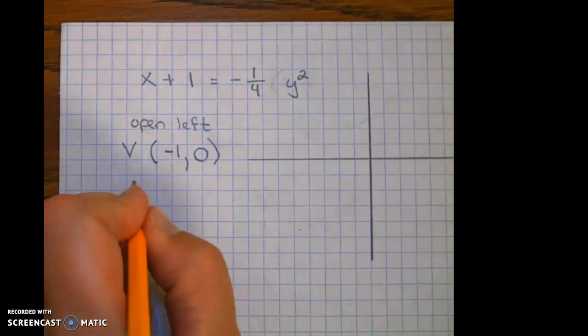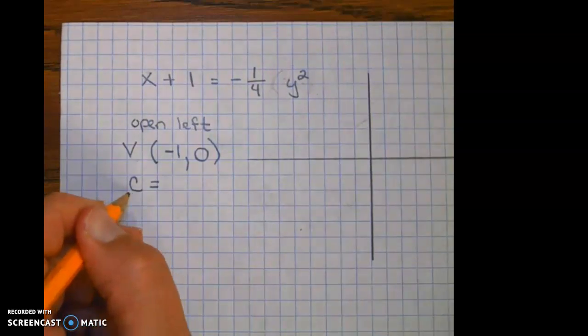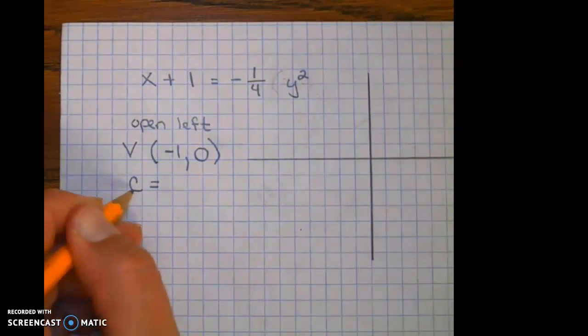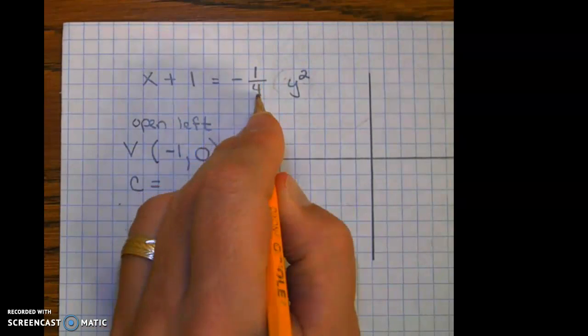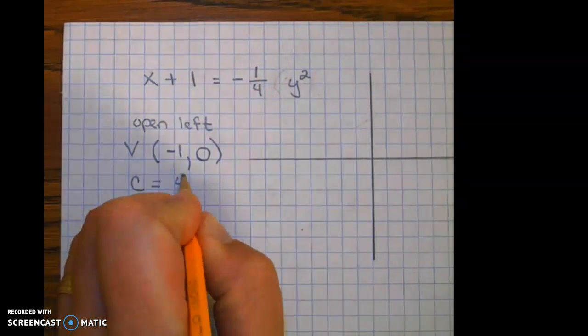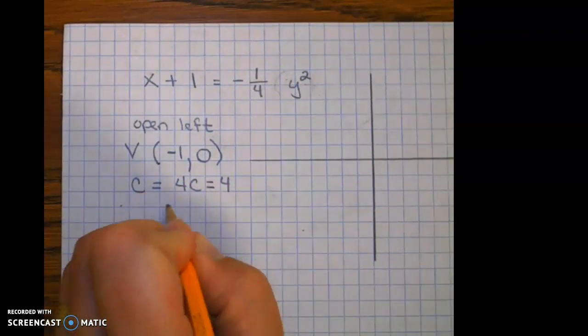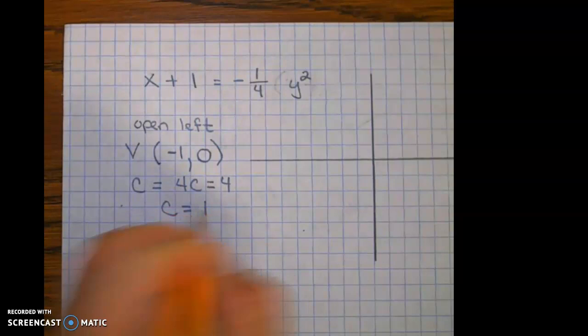Next, we're going to calculate our C value so that we can find our focus. Since we're in that format of 1 over 4C, we put 4C equals 4. So our C value is going to be equal to 1.